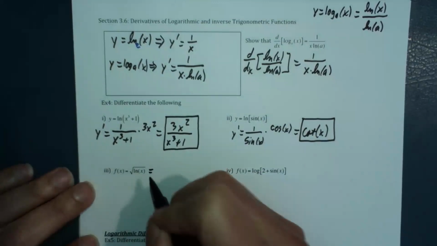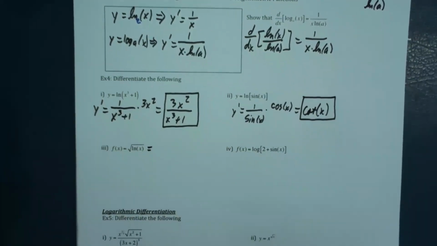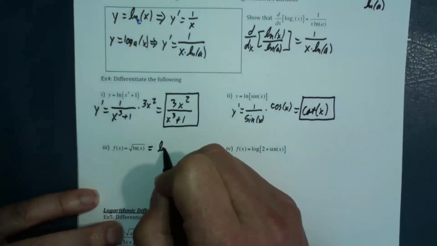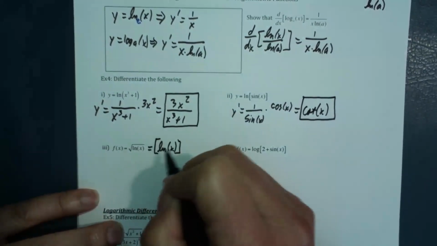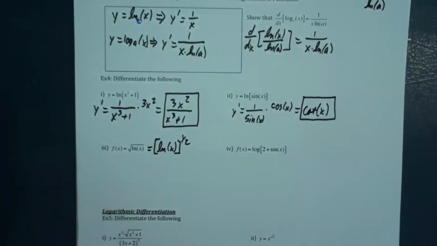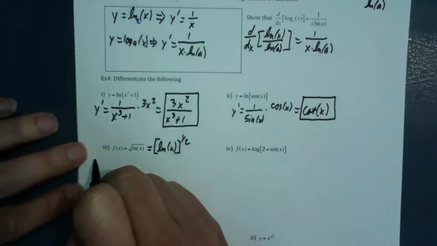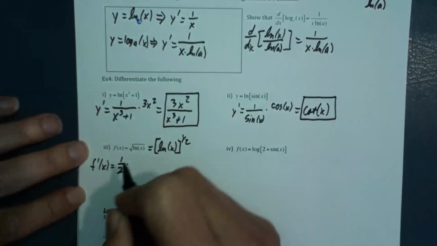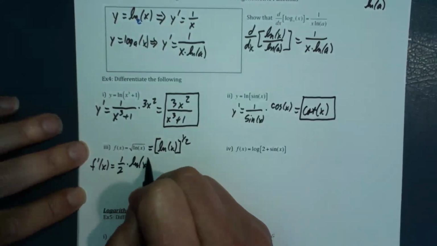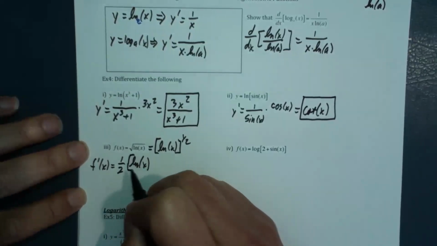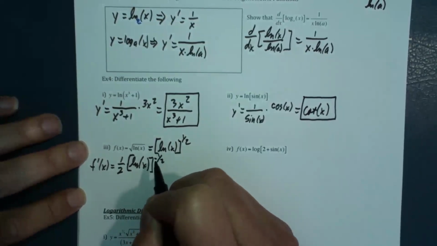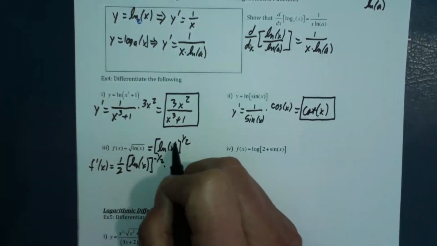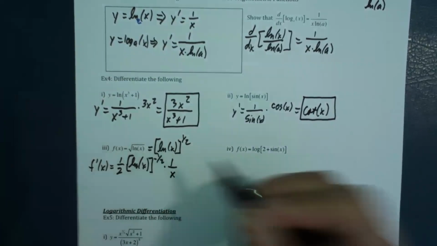So this function becomes ln of x to the 1/2 power. And what we're going to do with that is I'm going to do the power rule first, which means the 1/2 comes down. So f prime of x is going to bring the 1/2 down, times ln of x to the negative 1/2, times the derivative of ln of x, which is 1 over x.